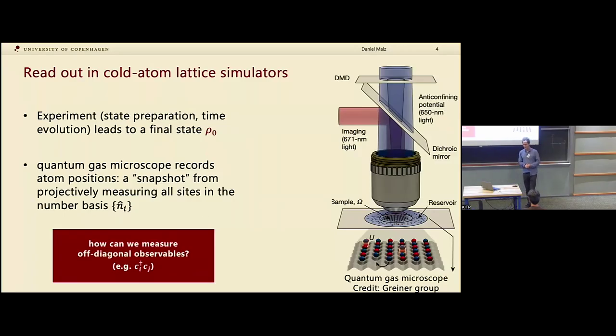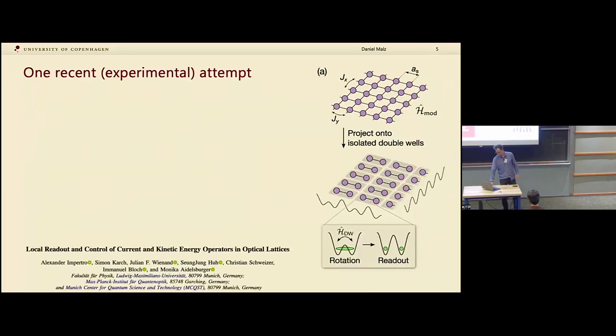I would argue that despite this being 15 years old, this problem is not really solved, in the sense that there's no technique that experimentalists usually use to measure currents. There's a recent experimental attempt, so people care about this problem.